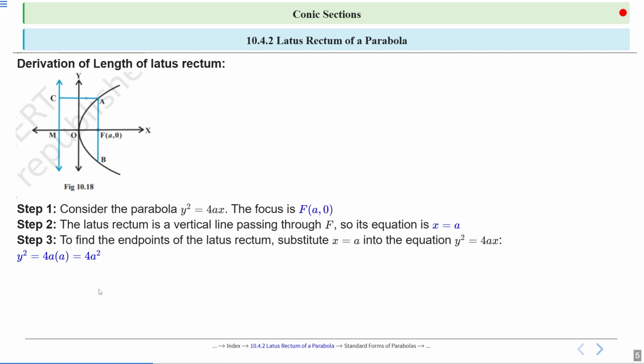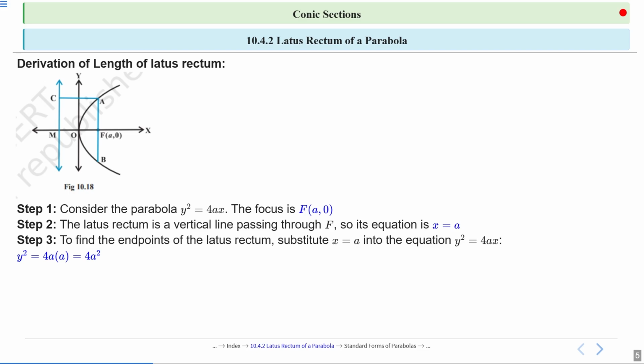In step 3, to find the endpoints of the latus rectum, we substitute x equal to a into the equation y square equal to 4ax. Then you will get y square equal to 4a square.